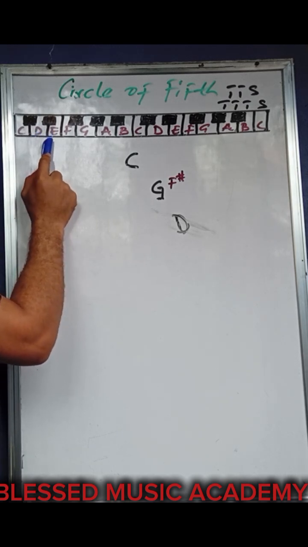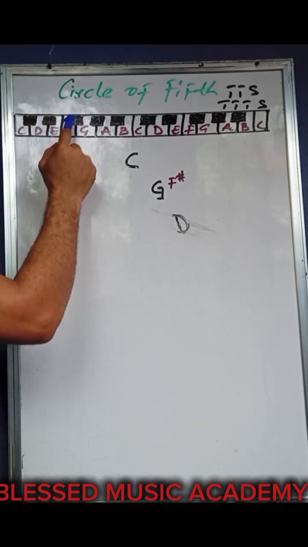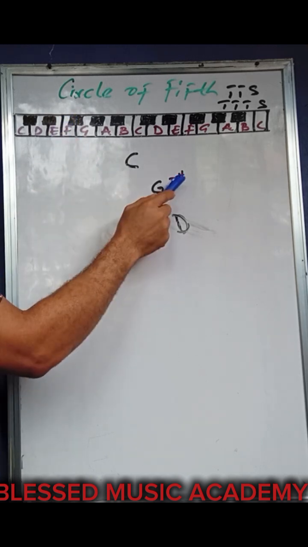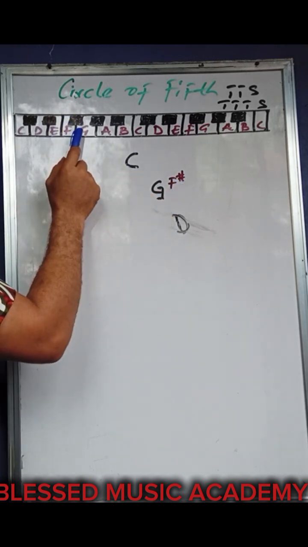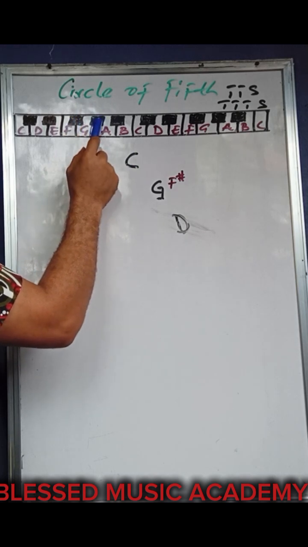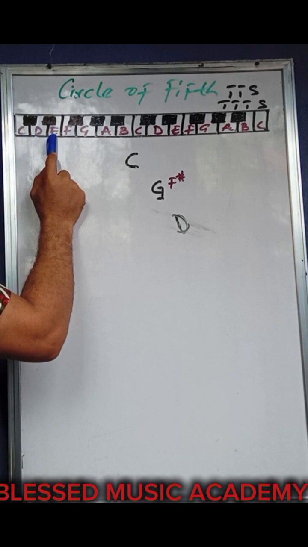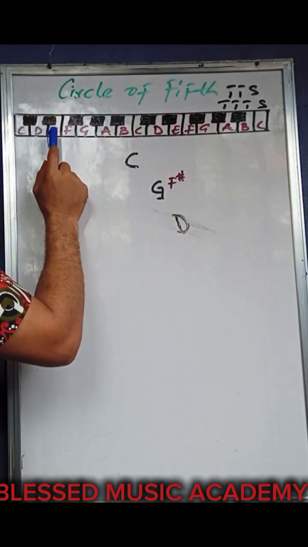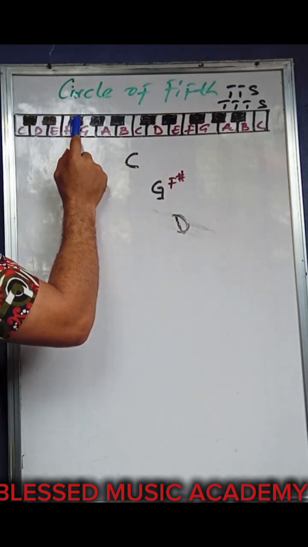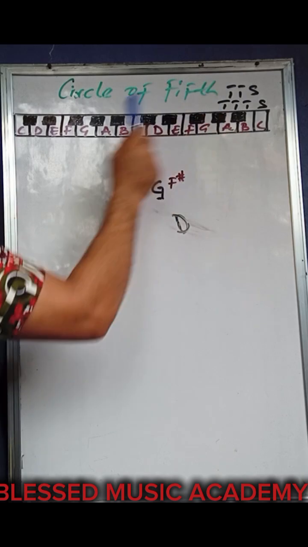D to E is a tone. E to F sharp is a tone, so F sharp is already sharpened. D to E is a tone, one tone. E to F sharp is a tone, so we need a semitone.